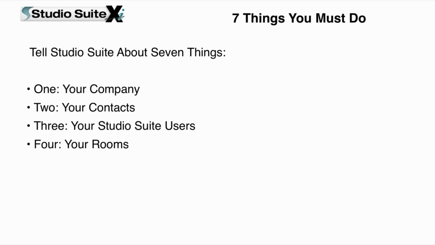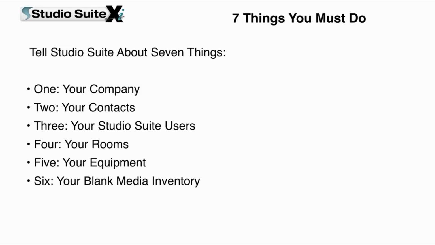And then also your rooms, your studios, your edit suites, your stages, your offices, your equipment lockers, anything like that, any space that you're going to be putting stuff in or selling. We need to define that. And a lot of times in those rooms, you might have your equipment, and also blank media inventory. Maybe not as much as we used to do back in the days of tape and whatnot, but still good to have that defined.